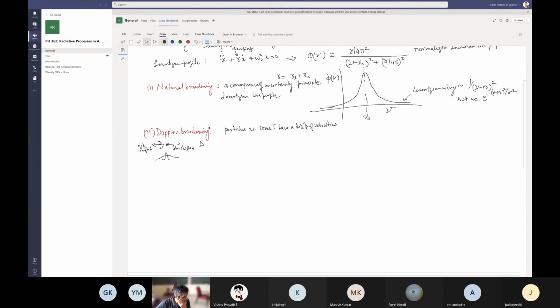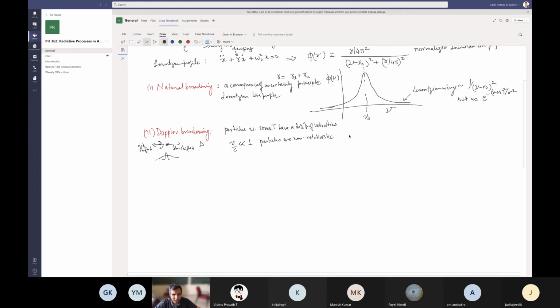Okay, how does it work? Let's see. Let's assume v by c is much less than 1, so particles are non-relativistic.